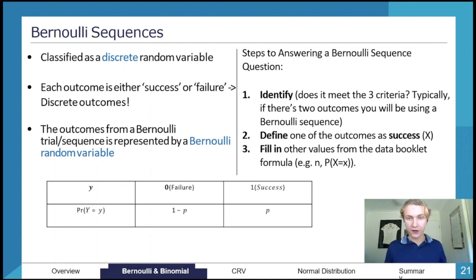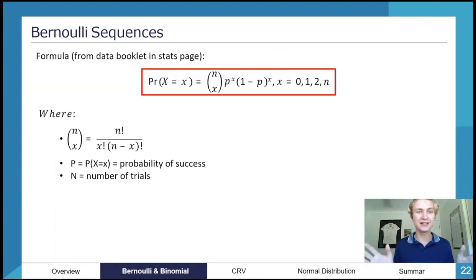So number two, define one of the outcomes as success, which is X. Then you want to fill in other values from the data booklet, for example, the probability of X, like what's the value of X between 0 and n, because what we're going to be doing essentially is filling in this formula on the data booklet labeled Bernoulli sequences. You're just going to be filling in the number and the probability, and then working it out. And sometimes we have to do stuff that's a bit more complicated for that, as I will show you. So this is the formula in the stats page.